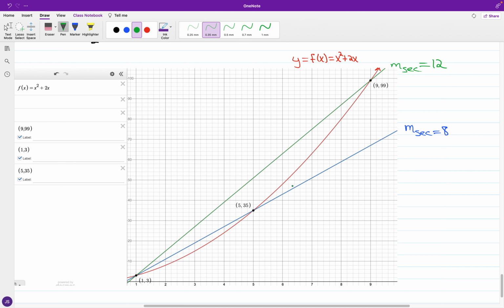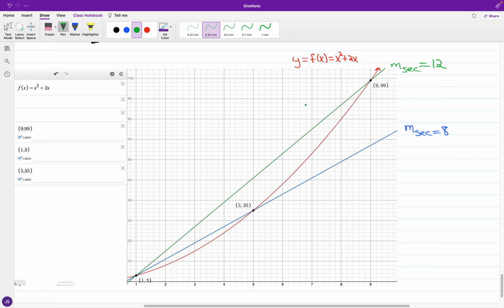And with the behavior of the graph of this function, the further out to the right you go, the higher the elevation is going to be, and so the average rate of change is going to continue to increase.